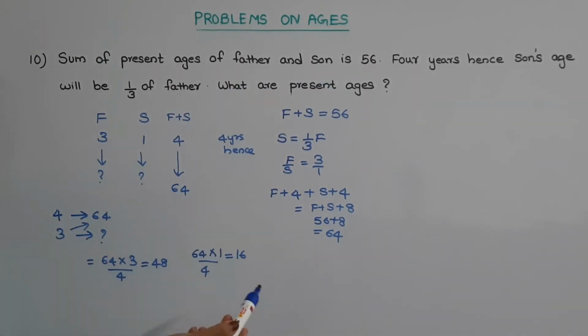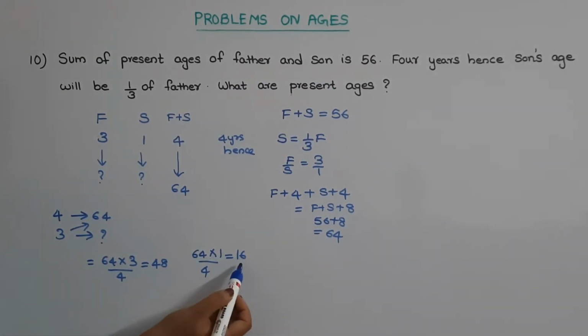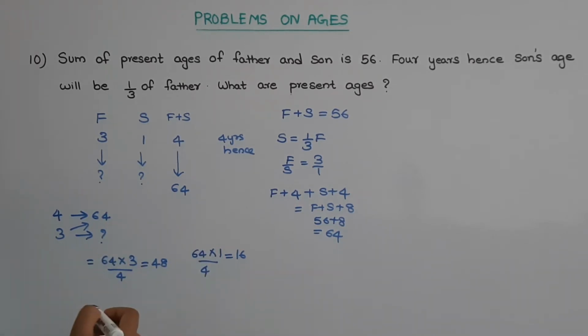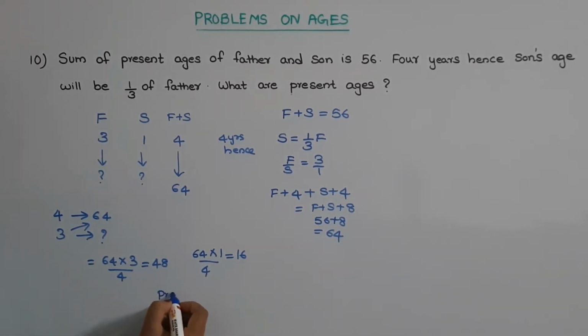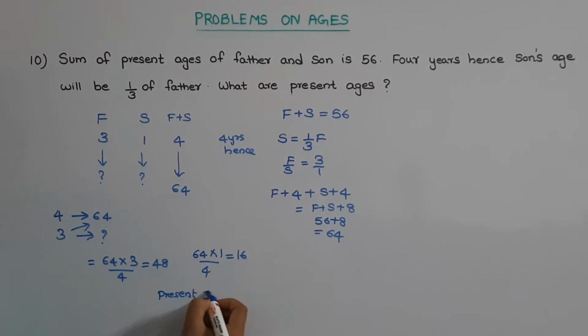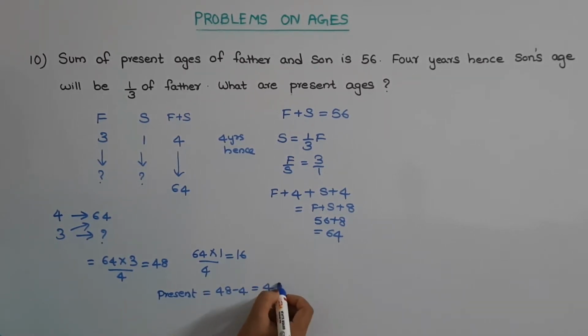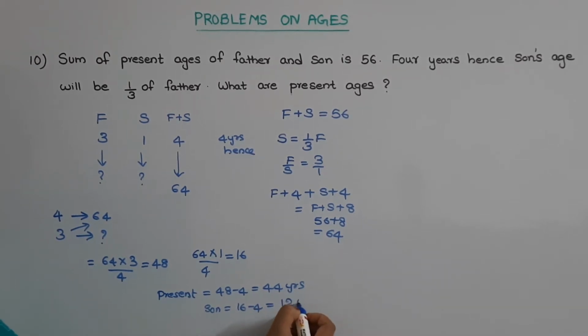If 4 years later their ages are 48 and 16, then present age of father will be 48 minus 4, that is 44 years, and son's age at present will be 16 minus 4, that is 12 years. So these are the answers.